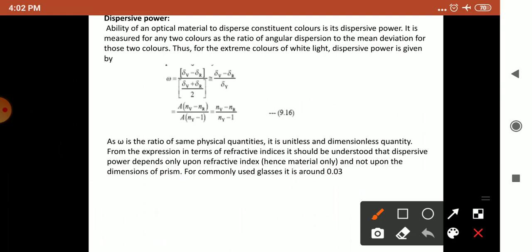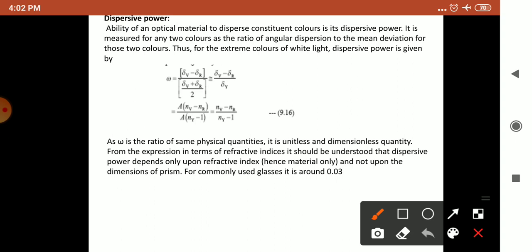It is measured for any two colors as the ratio of angular dispersion to the mean deviation for those two colors. As I said, dispersion is nothing but separation of two closest images.